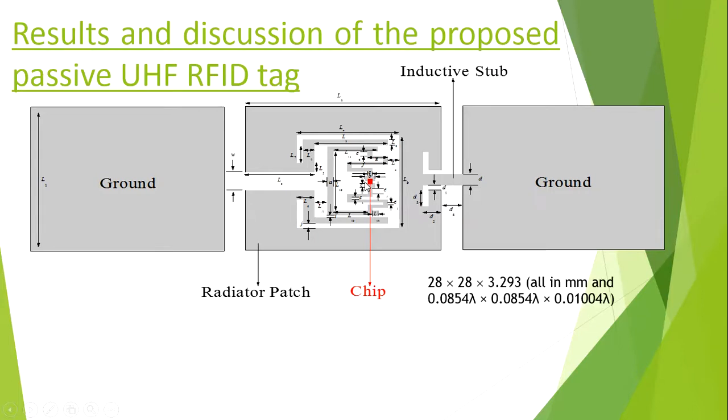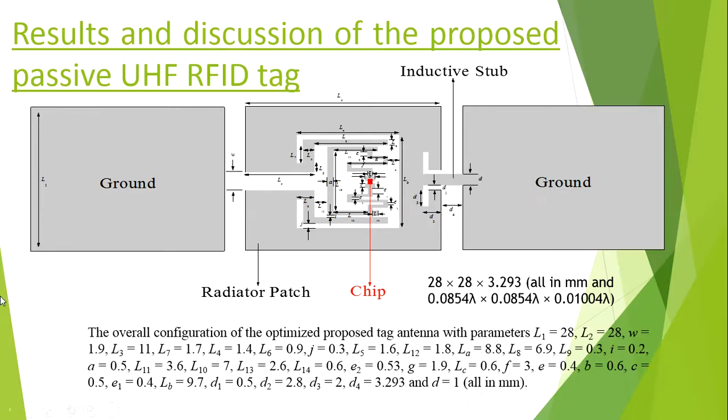The overall size we can see from here is 28 times 28 times 3.293 mm, and in terms of wavelength is this. So it is proven to be very compact for my RFID tag antenna design. These are the overall parameters which I'm using to optimize with CST Microwave Studio software, so that it will resonate at 9.5 MHz, and the matching is very good at that frequency.